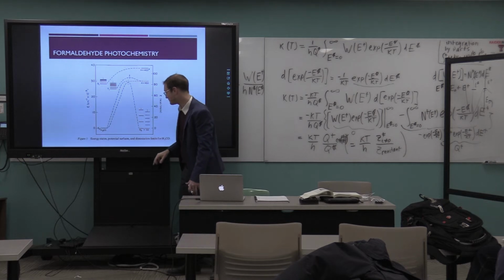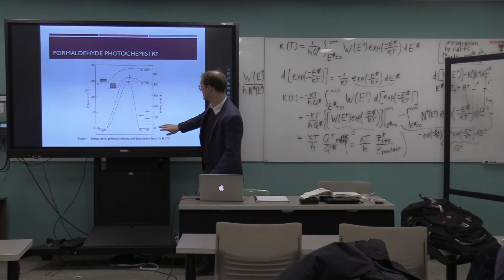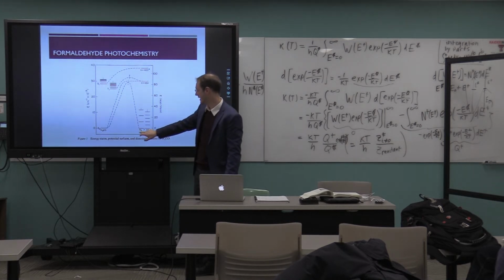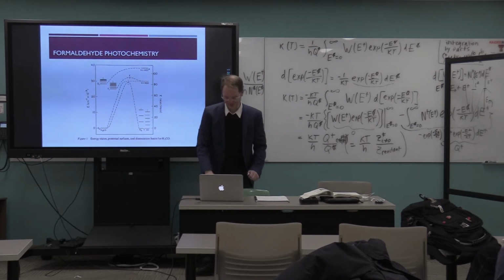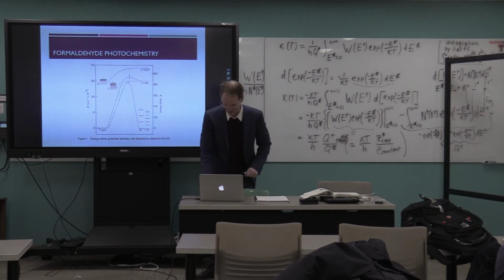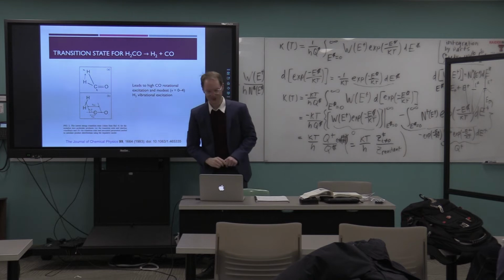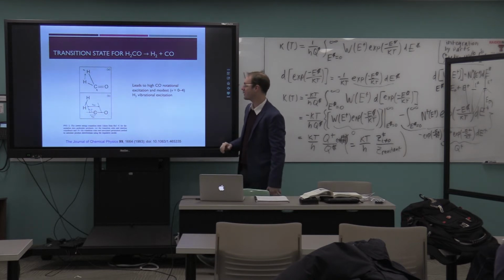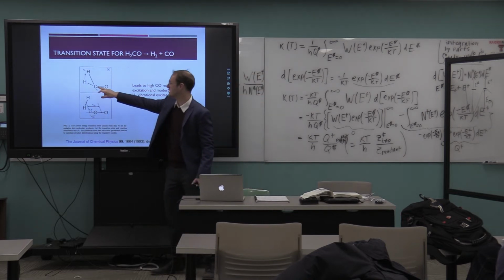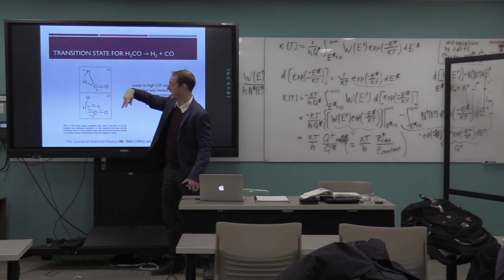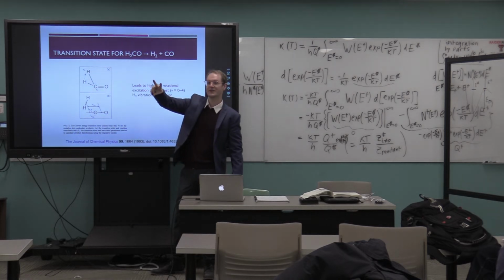We're going to be considering the molecular product channel, but it can be influenced by this radical channel. So when you form the molecular products, this is what the transition state looks like.